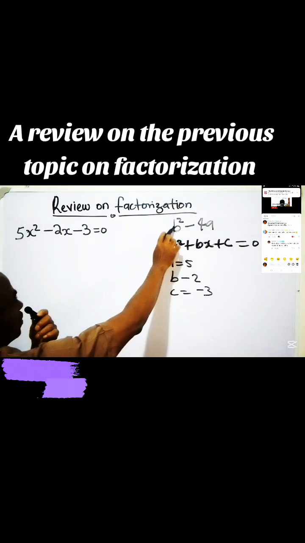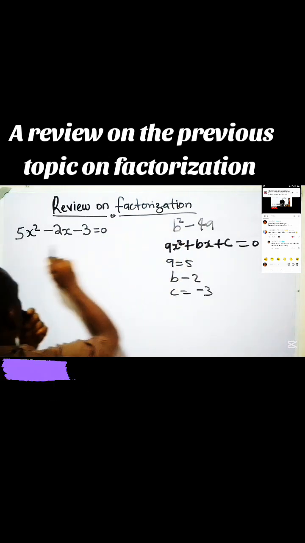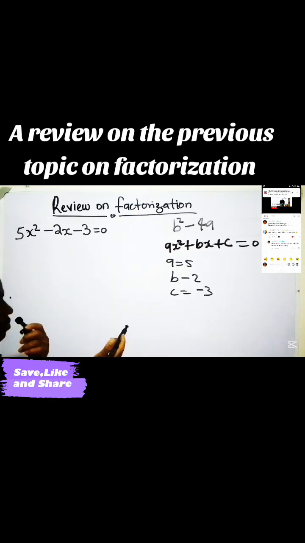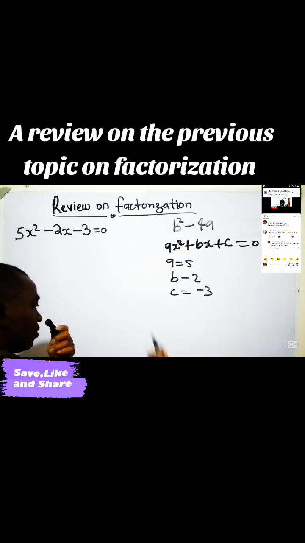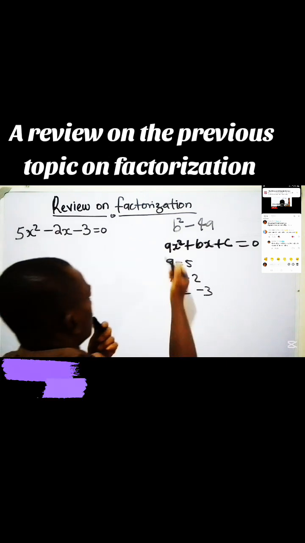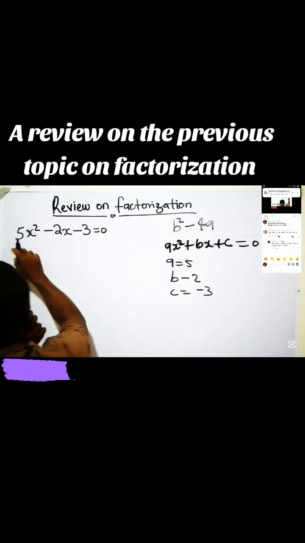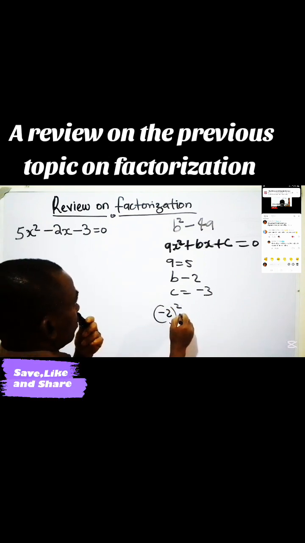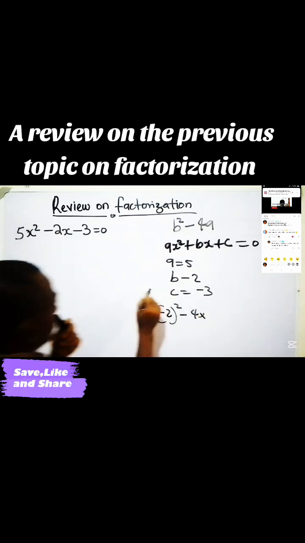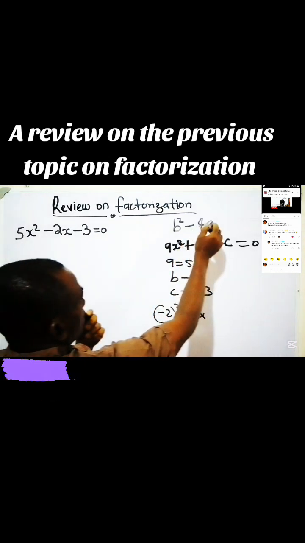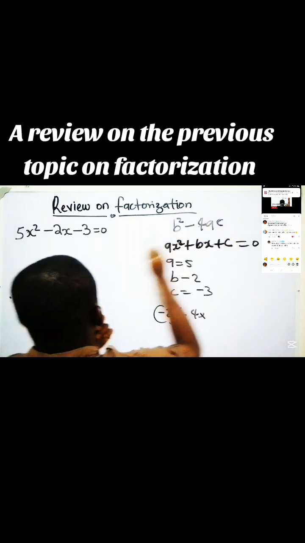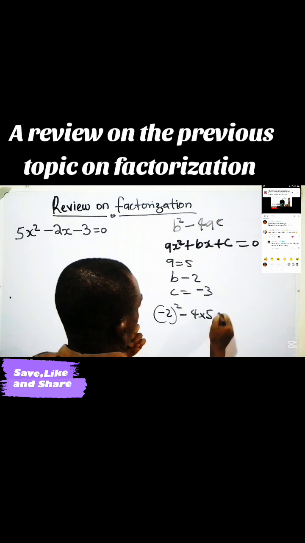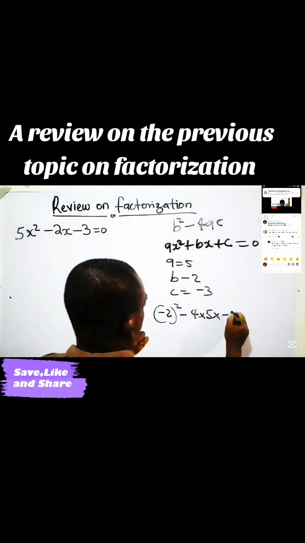Now we are going to use the discriminant to test whether this equation will give you a perfect square, so that we know whether it can be factorized. Using it, we have b, which is minus 2, squared, minus 4 times a, which is 5, times minus 3.